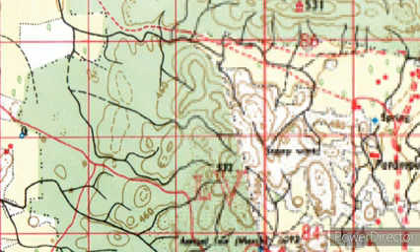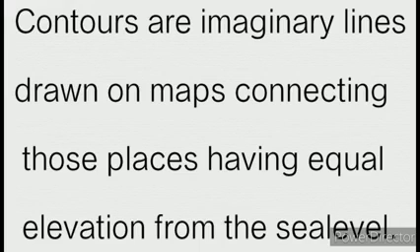Contours are imaginary lines drawn on maps connecting those places having equal elevation from the sea level. Let's repeat. Contours are imaginary lines drawn on maps connecting those places having equal elevation from the sea level.